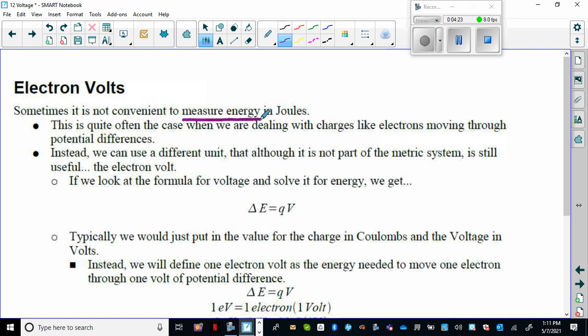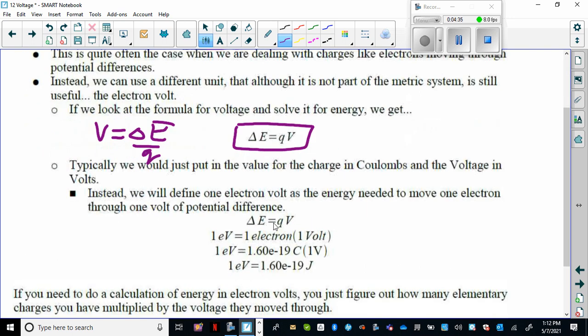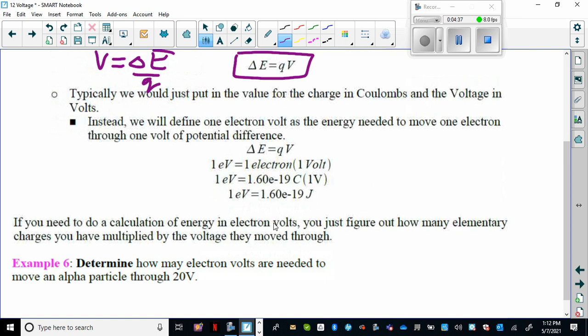What we're going to do is take the formula that we know, voltage equals change in energy divided by the charge. We're going to rearrange it for the change in energy. And then, instead of writing 1.6 times 10 to the negative 19 for an electron, we're just going to say the charge is 1 electron.